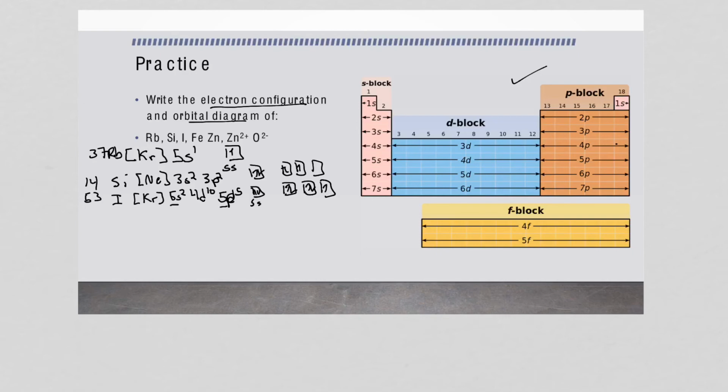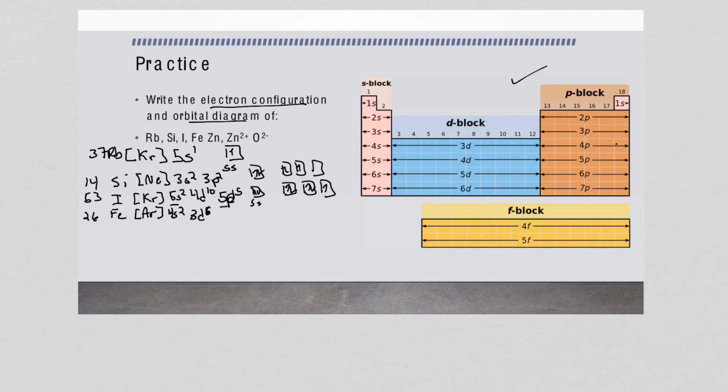So Fe, that's element 26. We can use argon with its 18 electrons, and then we're going to go to 4s2, and then 3d, and we have to go over 6 spots in the 3d, because we have 18, 20, 26. So we've got our 26 electrons for iron here.